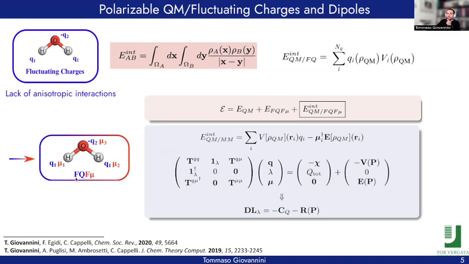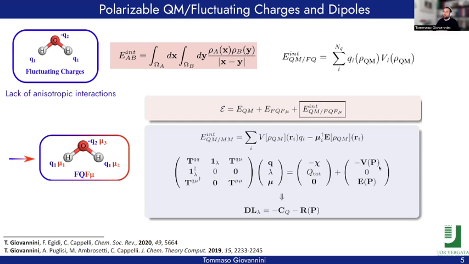With this second approach, we call it fluctuating charges and fluctuating dipoles. The interaction energy in this case becomes the charges multiplied by the potential of the QM density, exactly as for QMFQ, minus the dipole moments interacting with the electric field produced by the QM density. These charges and dipoles are obtained by solving a set of linear equations that depends explicitly on the QM density.